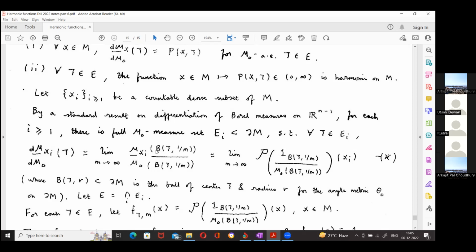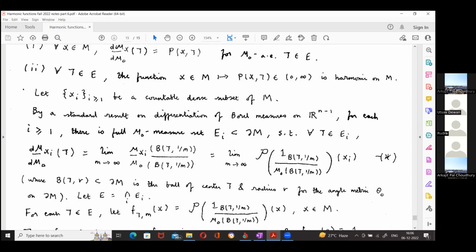Because what is mu x? It means the integral of the indicator function against mu x. That is just the Poisson transform, right? Okay. So I have this.